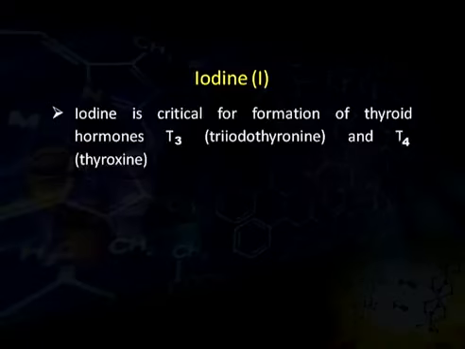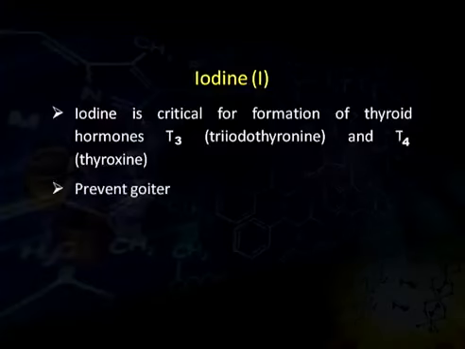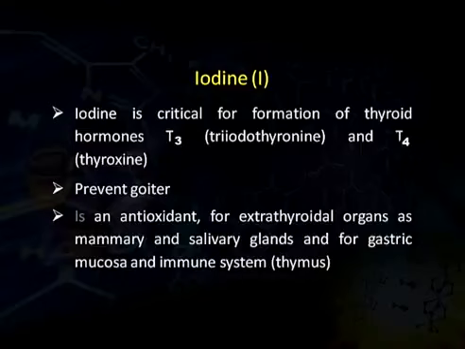Next element is iodine. Iodine is critical for the formation of thyroid hormones, that is T3, which is triiodothyronine, and T4, thyroxine. It also helps prevent goiter. It is an antioxidant for extrathyroidal organs such as mammary and salivary glands, gastric mucosa and the immune system, that is thymus.